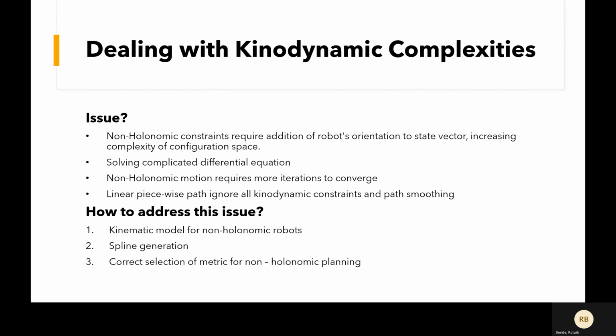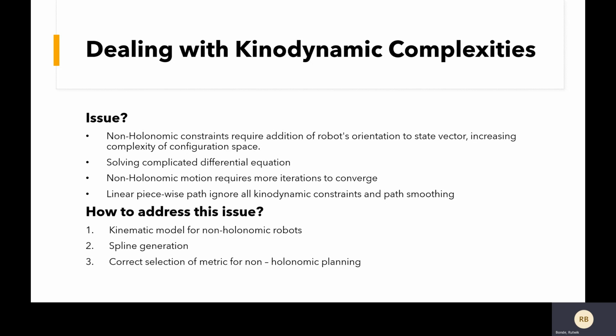So we need to address this issue, and we can do this by using the kinematic model of the non-holonomic robot, which involves numerical integration. However, there is always a trade-off between computational efficiency and accuracy when using numerical integration.